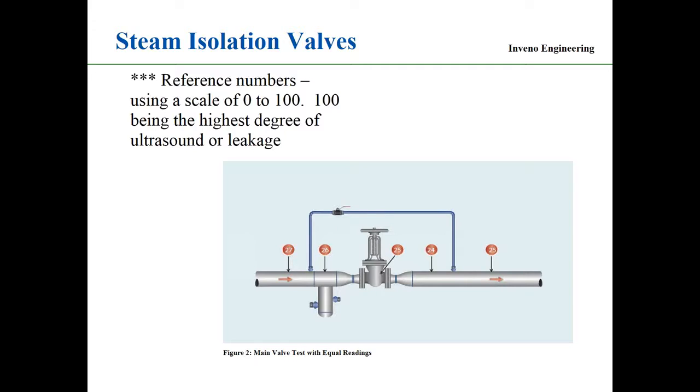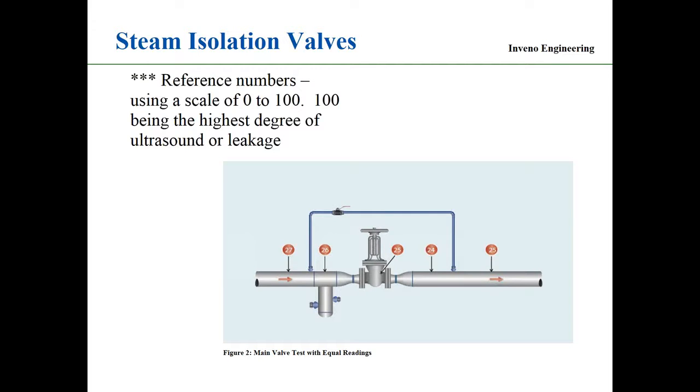So I go to test point 1, and I get a reading of 27. At test point 2, I get a reading of 26. At test point 3, I get a reading of 25, and then test point 4, I get a reading of 24, and 25. If all these numbers are close in ultrasonic levels, the valve is not leaking.